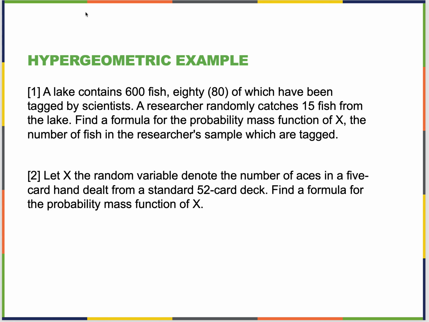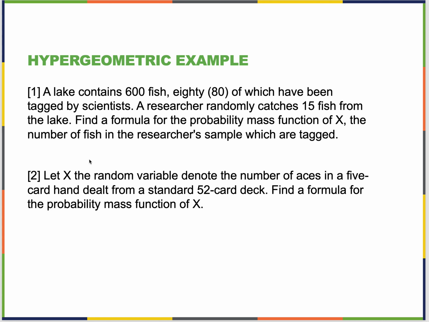So you've got 600, 80, and 15. Big N is obviously 600. 80 of which have been tagged, that's little M in this case. And then n would be 15, the sample size, and M would be 80. So I would do it.